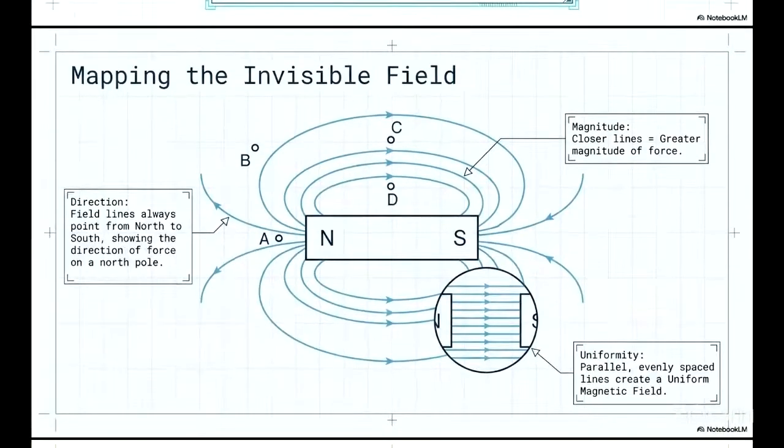To identify the magnetic field lines, we can use iron filings, but to identify the magnetic field direction, you need to use plotting compasses.